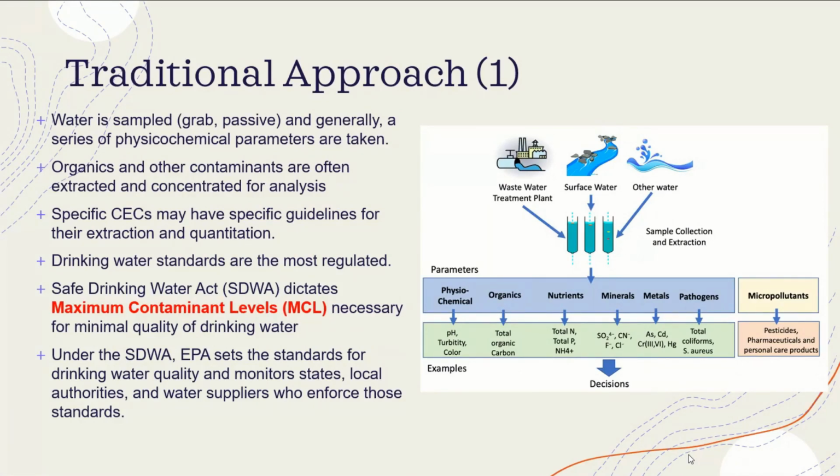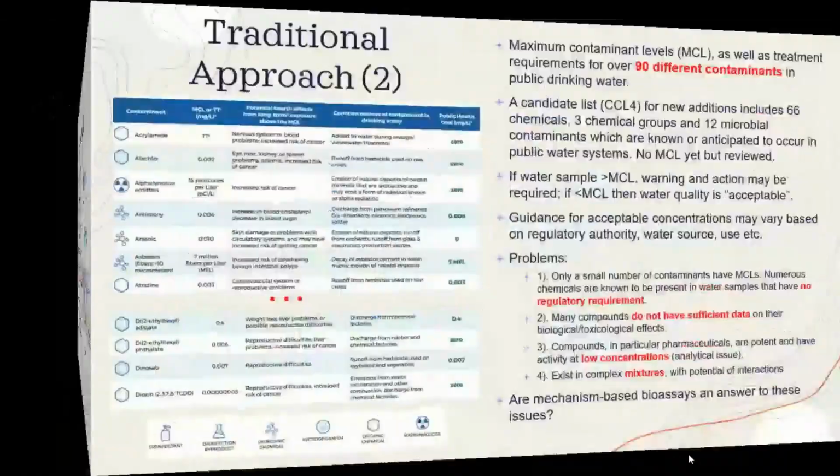So through this Safe Drinking Water Act, the EPA has set standards for states and local authorities, water suppliers, et cetera, for the levels that are acceptable of a variety of different pollutants and different nutrients, minerals, metals, et cetera.